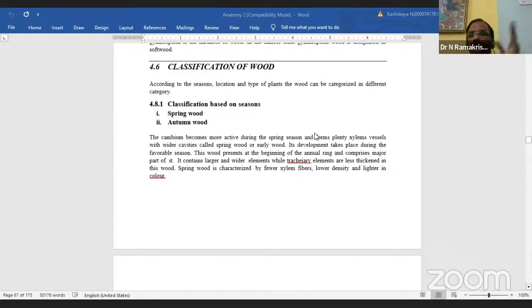And next one, see, one more important is there. That is anomalous secondary growth. So what is the meaning of anomalous secondary growth? The anomalous secondary growth is the result of deviation of the cambial activity from the normal type seen in most dicotyledons. Okay, the abnormal secondary growth is commonly seen in some other temperate plants.